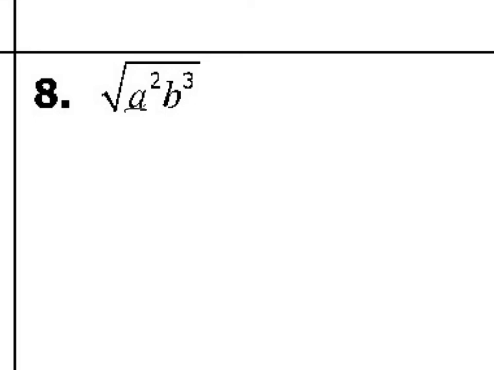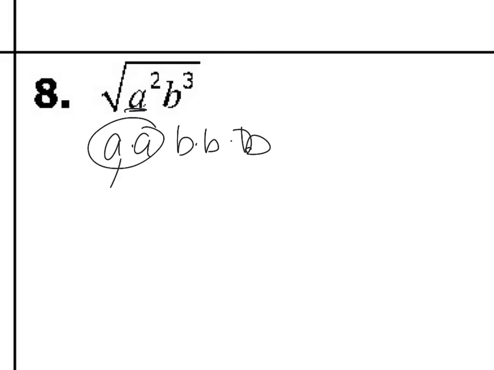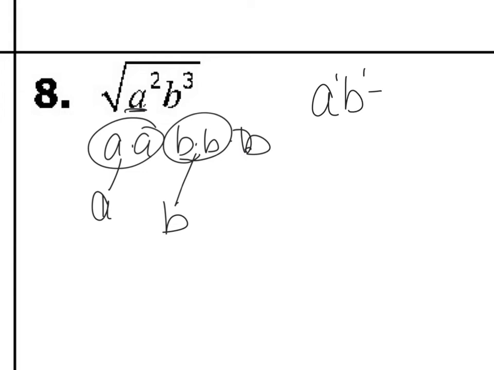All right, A's, I got A times A. B cubed is B times B times B. All right, so 2 divided by 2, I got 2 A's, so 1 came out, right? I got 3 B's, so I'm going to take 2 of them. So I got A to the 1, 1 B, and then I got a B that has to stay home.